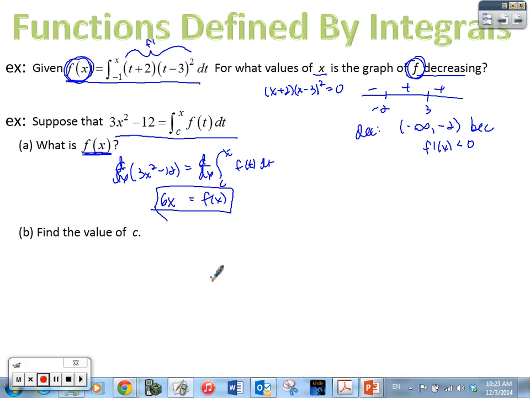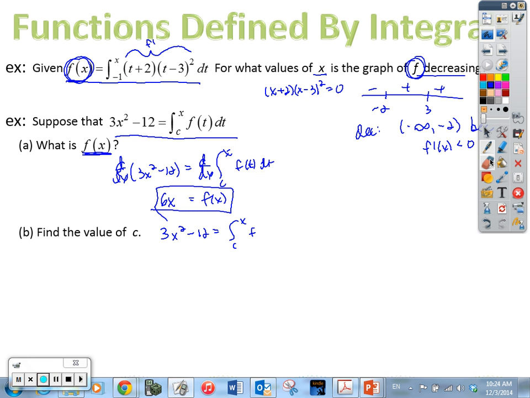The last part, part B, says find the value of c. Okay, let's write out the equation. 3x squared minus 12 equals the integral from c to x of, let's see, we already know f of x, so do we know f of t? We do, right? If f of x is 6x, what's f of t? 6t.